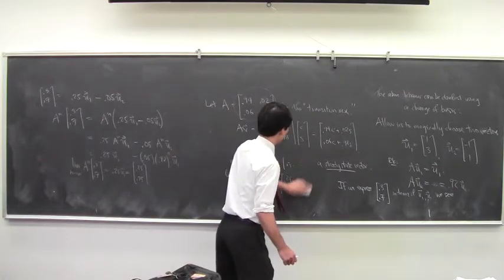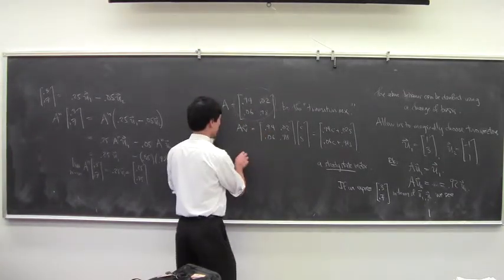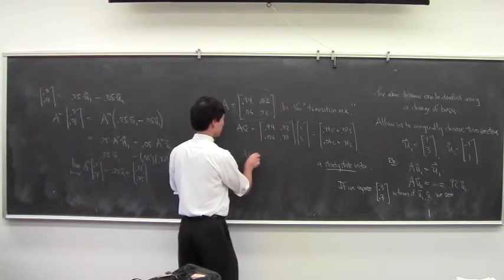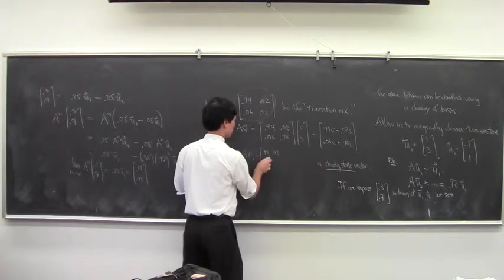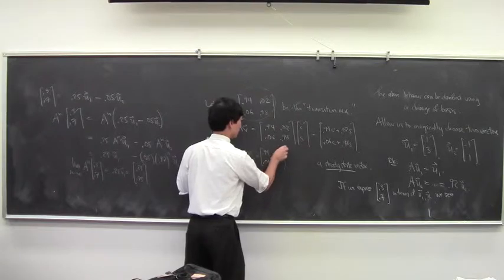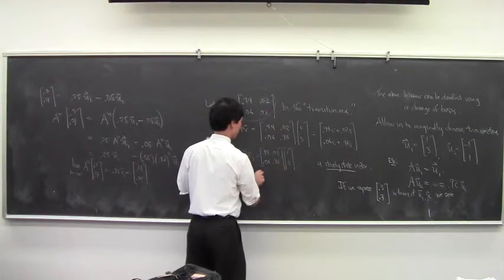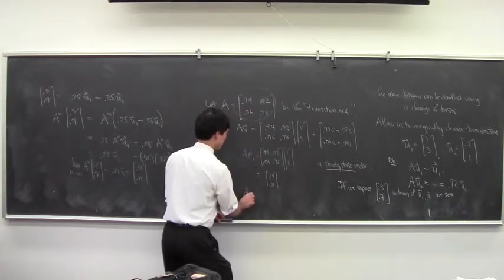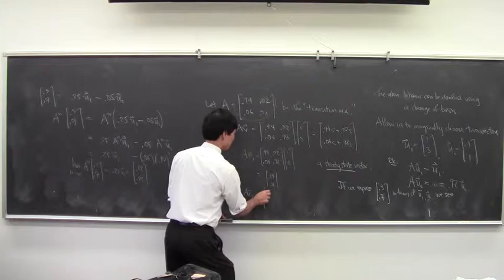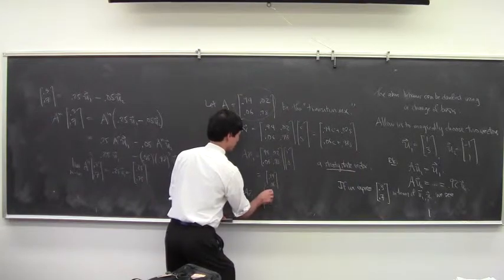So what does A do to 1, 0? Well, it will give you 0.94, 0.06. A of E2 is 0.02, 0.98.